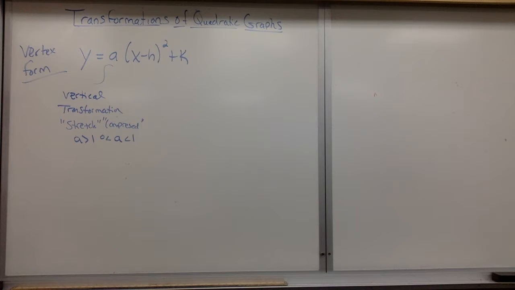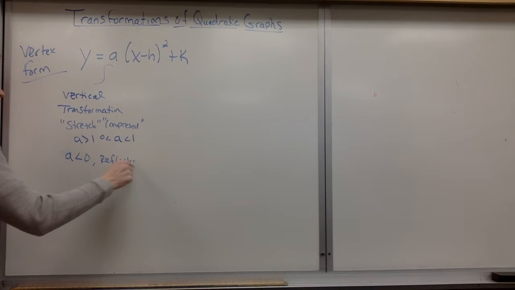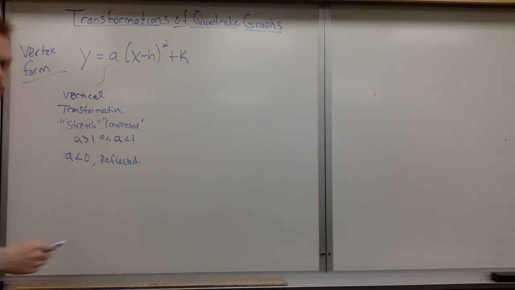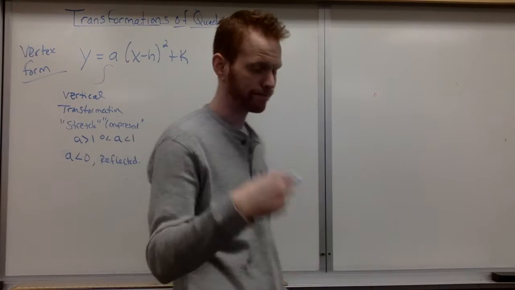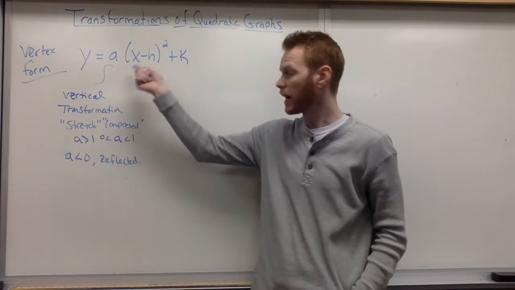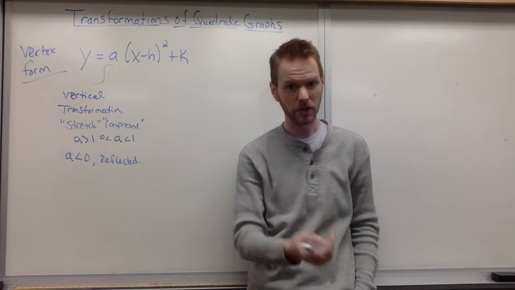That's when you had a fraction. And we also have the fact that when the A value was less than 0, it was reflected. It had some sort of reflection going on, going across the x-axis. That's what the A value did, and that's what you guys were discovering.